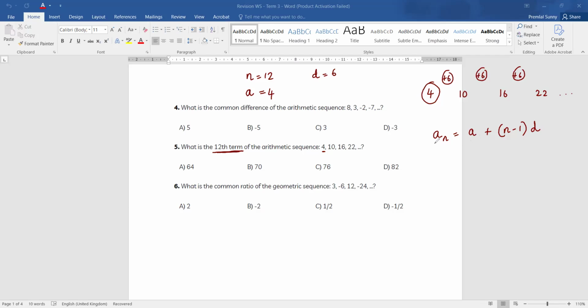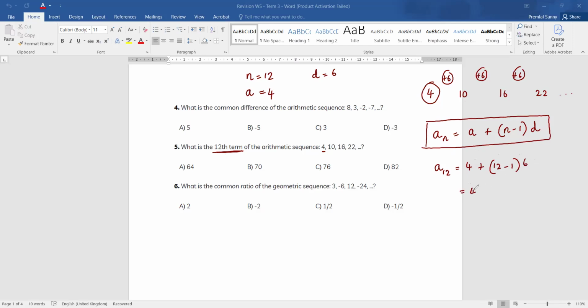To find the 12th term, our duty is just to substitute in this formula. So n is 12. A12 is how we represent the 12th term. A plus n minus 1 times d, where n is 12 and d is 6.